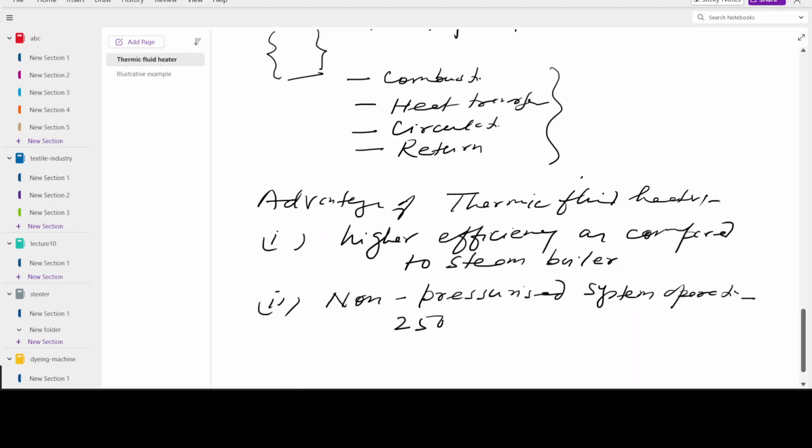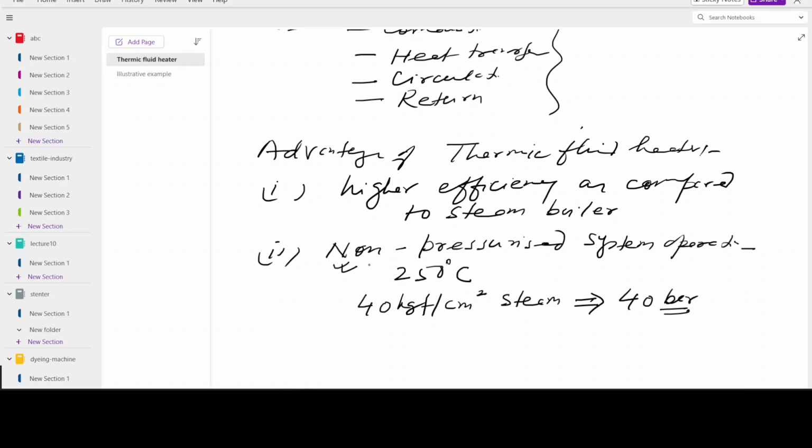Temperature around 250 degrees centigrade can be achieved through non-pressurized system operation, and the same operation in steam system will require 40 kgf per centimeter square steam, that is pressure of 40 bar, and here in thermic fluid heater it is non-pressurized system operation at 250 degrees centigrade, and this is for boiler.